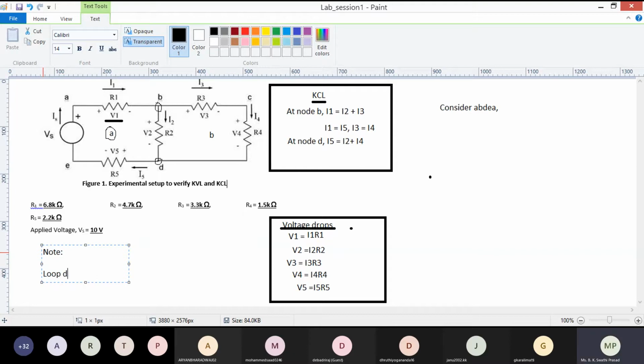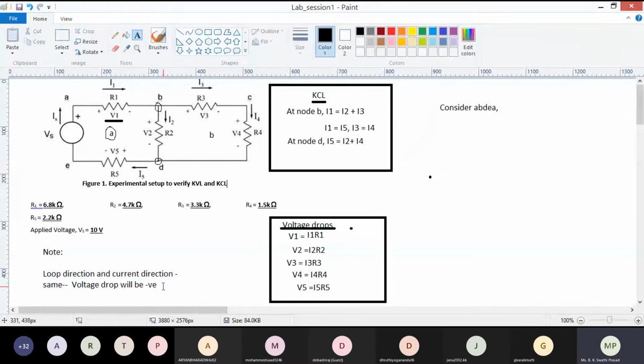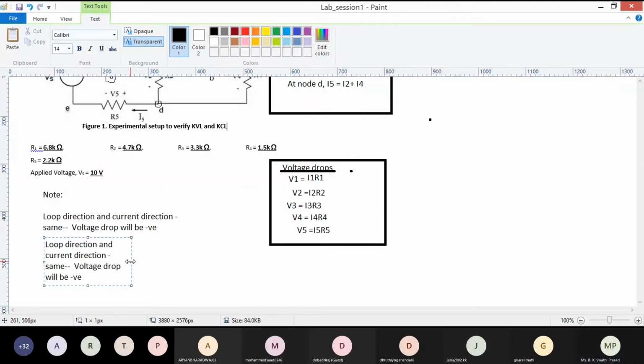The loop direction and the current direction: if same, the voltage drop will be negative. If loop direction and current direction are not the same, then the voltage drop will be positive.